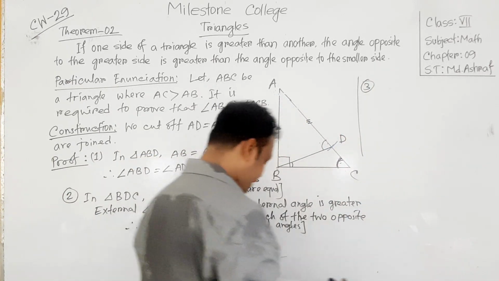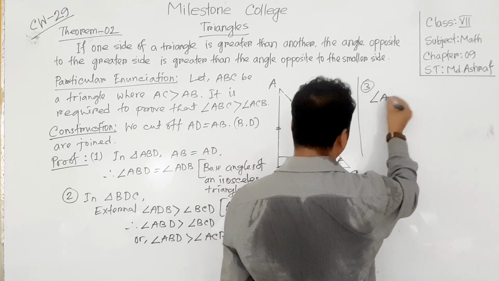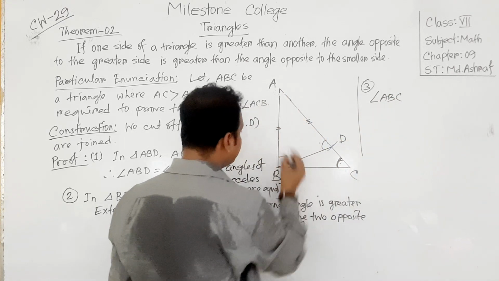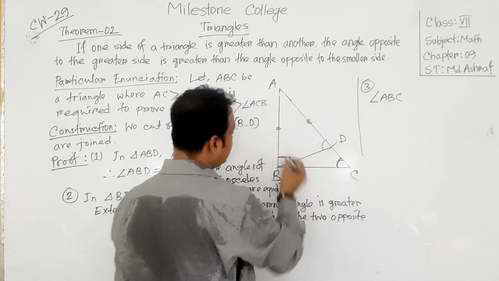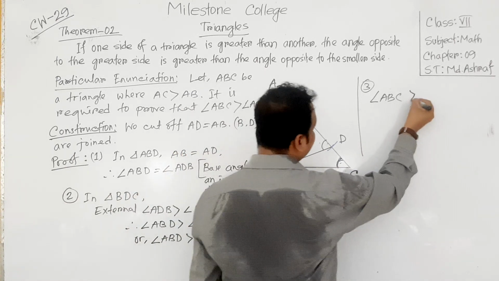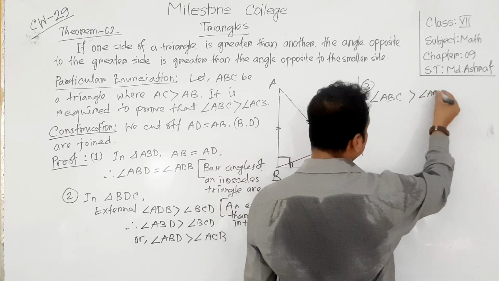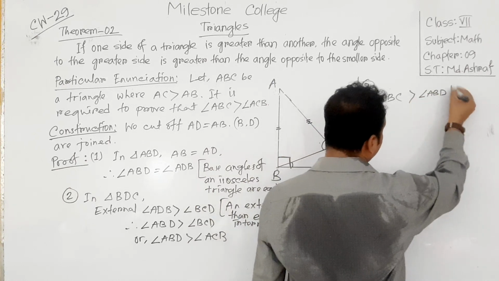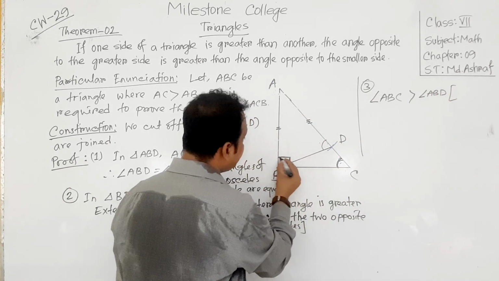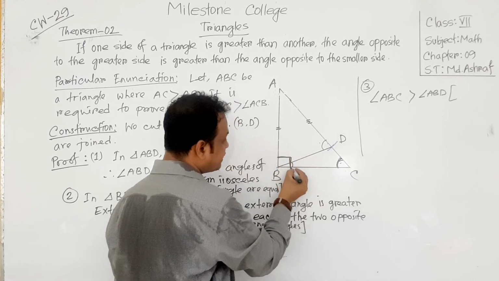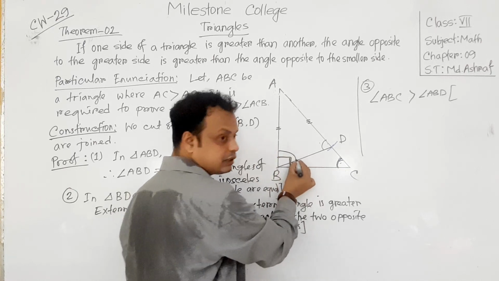Third point: angle ABC. Can you tell if angle ABC is greater than angle ABD? ABC is the full, whole angle and ABD is only this part.